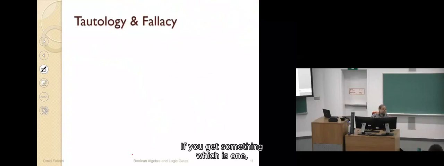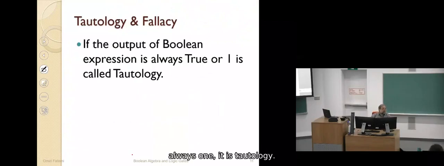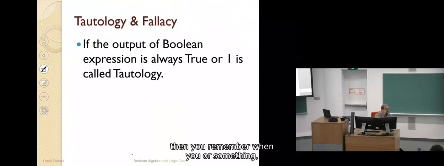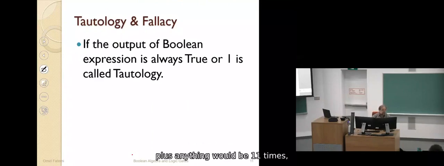If you get something which is always 1, it is a tautology. If the output of a Boolean expression is always 1, it is a tautology. So if you get something that is 1, then you remember, when you OR it with something, the result would be 1 again. If you AND it with something, the result would be that something. 1 plus anything would be 1. 1 times anything would be that thing.